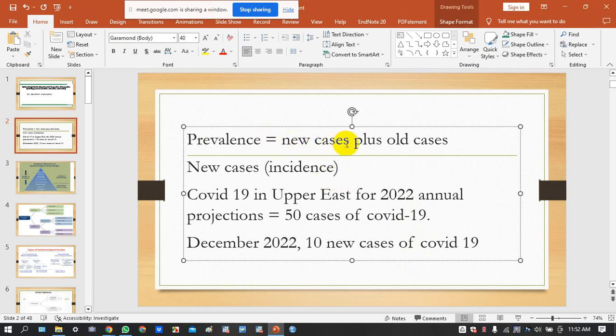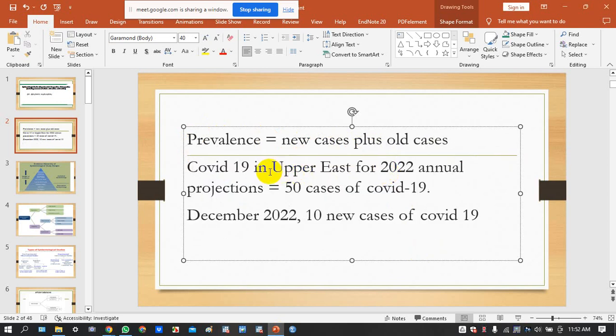Prevalence is both new cases and old cases. So in the year 2022, from January to November, we had 45 cases of COVID-19.